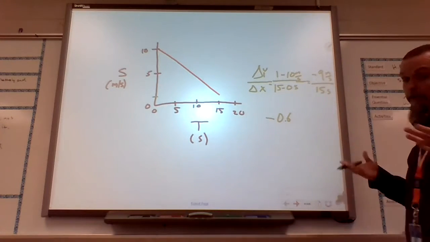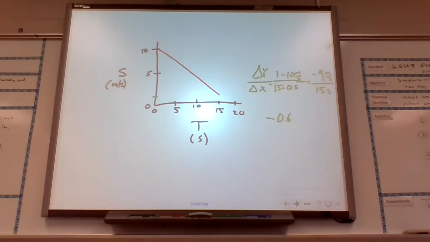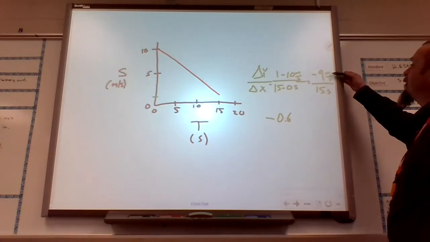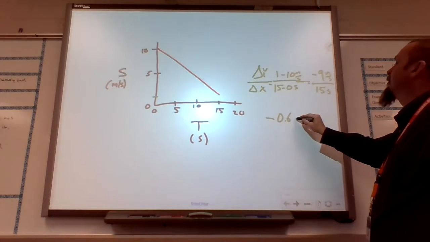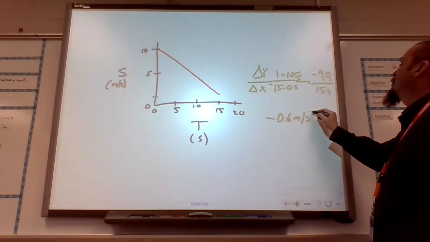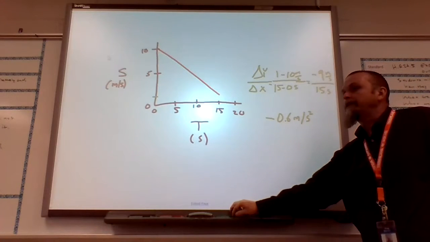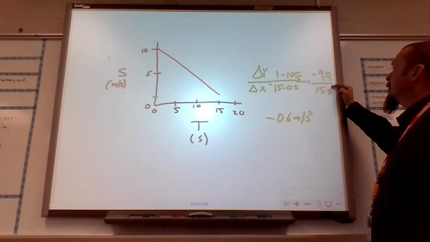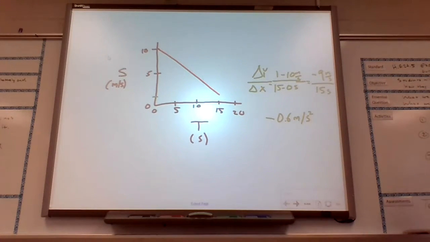And that negative, again, we should expect because this was negative acceleration, slowing down. And the unit is meters per second per second, or meters per second squared. Because these two time units are the same, we can square those. So again, you calculate the slopes of the line to figure out what the actual accelerations are, what the actual speeds are for your particular object.